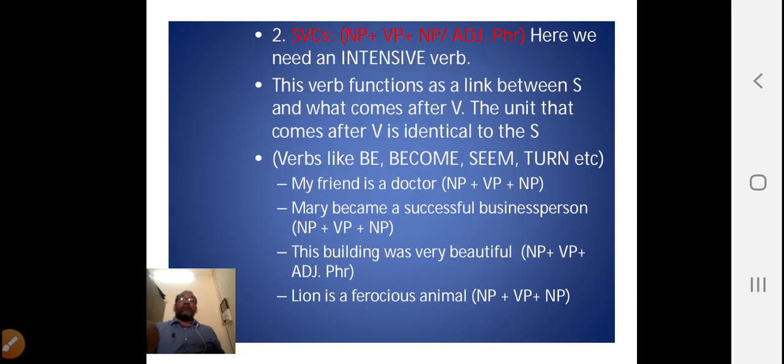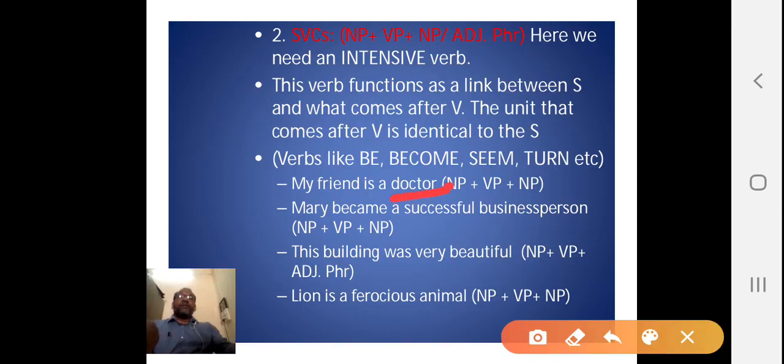The verbs like be, become, seem, turn, we can use them as intensive verbs. In the given sentence, my friend is a doctor, my friend and a doctor are identical. So a doctor is a complement to subject.